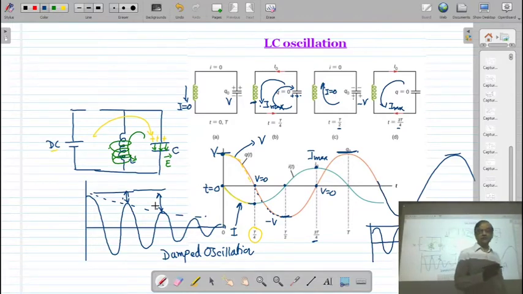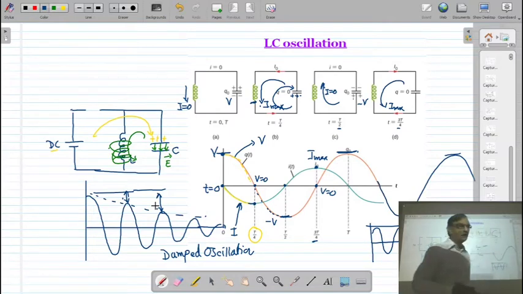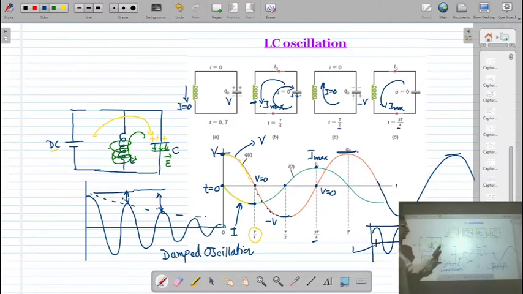That is possible if you use an amplifier, then the amplifier will give you the compensation for the loss of energy, and then you can have a sustained oscillation. So the basic principle of LC oscillation is that a capacitor is going to charge and discharge, again charge and discharge, and you can have this kind of oscillation.